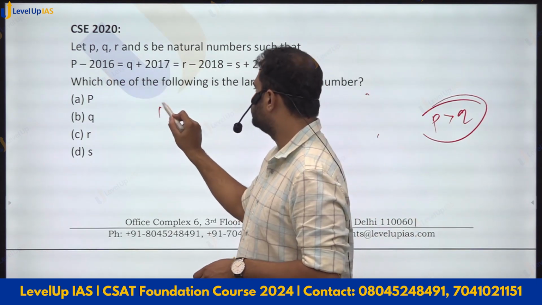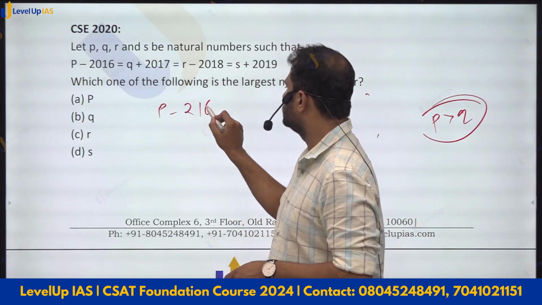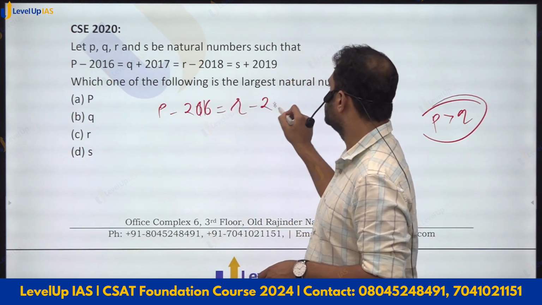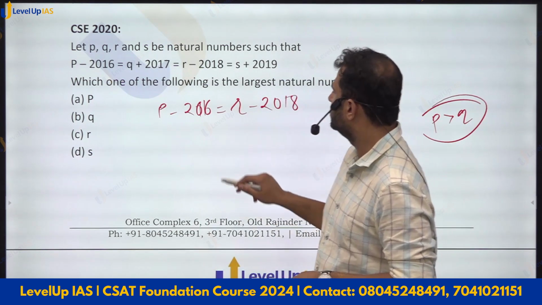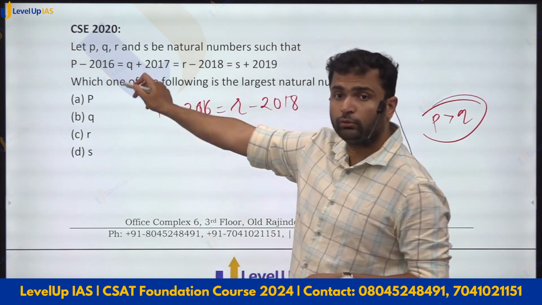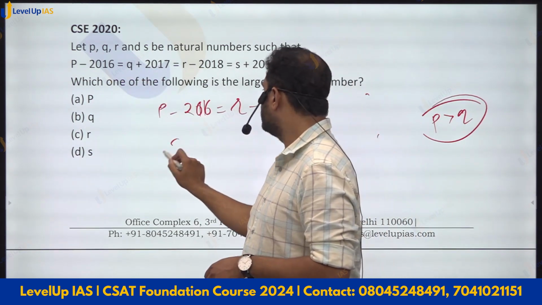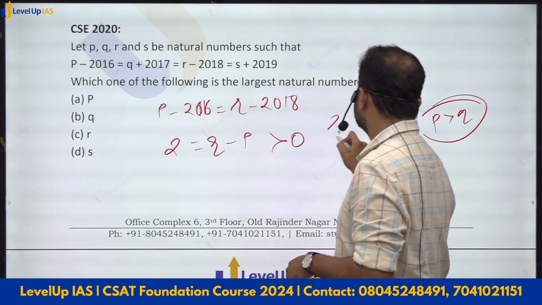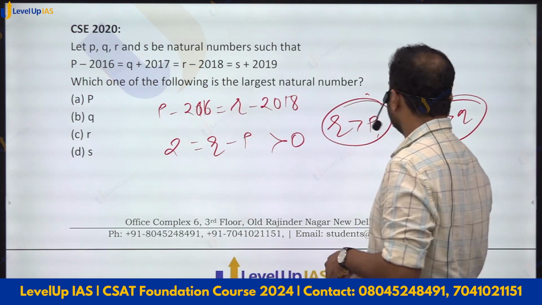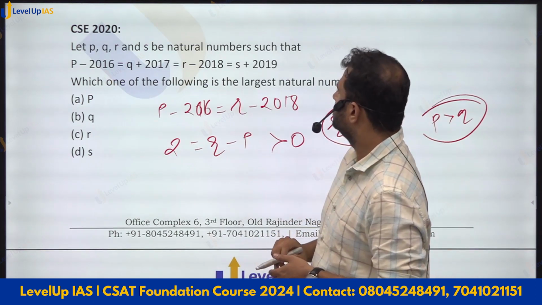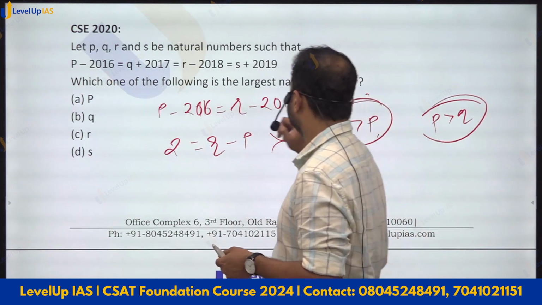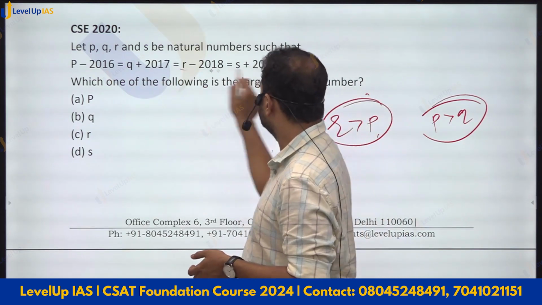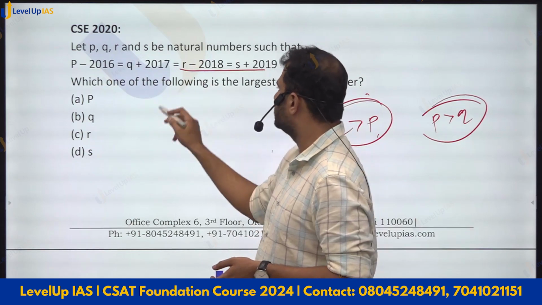Then we can see P minus 2016 is equal to R minus 2018. So we can take 2018 on that side. So we get 2 is equal to R minus P, which is greater than 0. So R is greater than P. And finally, we have to compare R and S because P is smaller than R now.